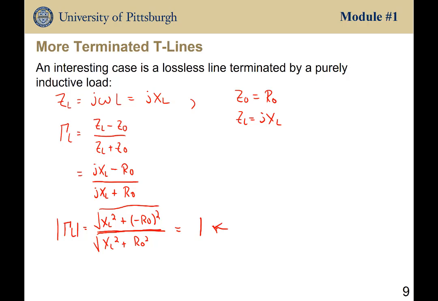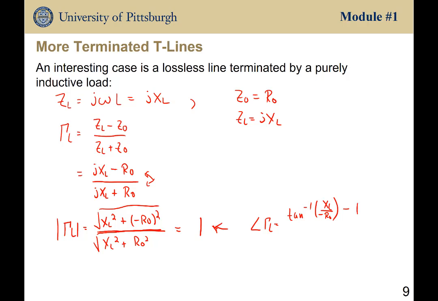But we should notice that we are going to get some phase shift. So what is the angle of the reflection coefficient? We take the inverse tangent of the imaginary part, XL, divided by the real part, negative R naught, and we subtract, because when dividing complex numbers we subtract the angles.